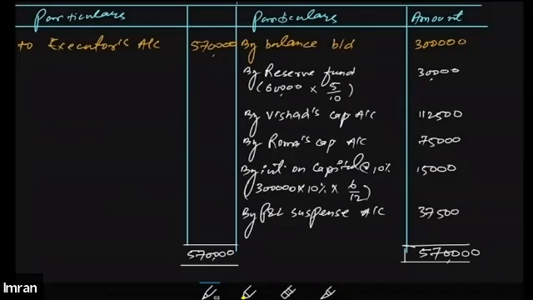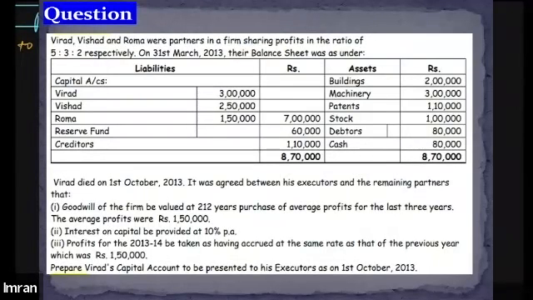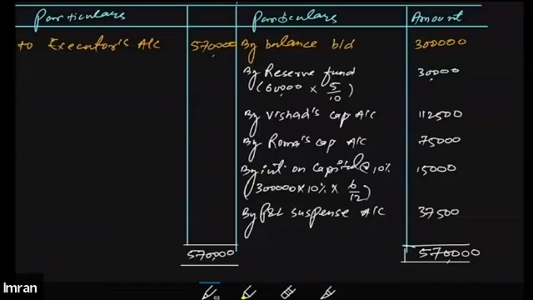Understood? Is it clear? Yes or no? This question was asking us to prepare Virat's capital account to be presented to his executor. So that means at the closure of the partner's capital account, instead of writing the amount as a closing balance c/d, we will be transferring the entire amount to the executor's capital account. That means Virat's executor needs to be paid 5,70,000.